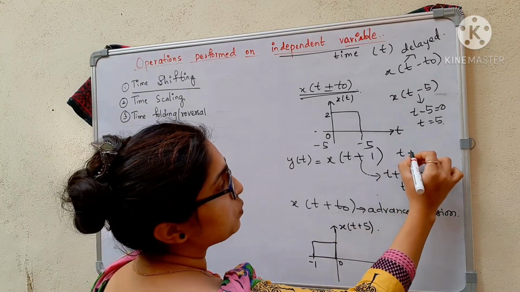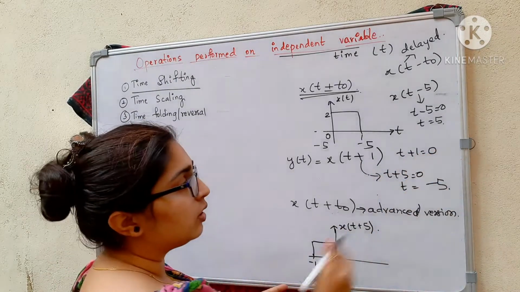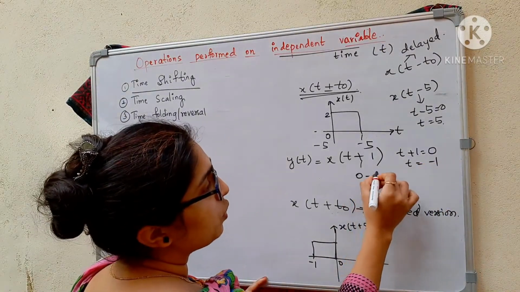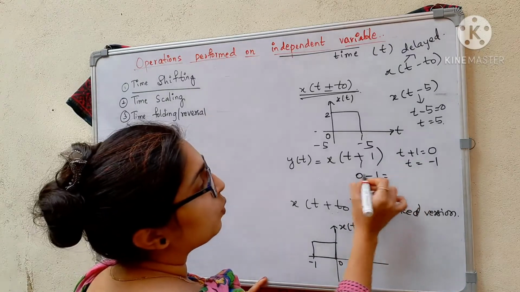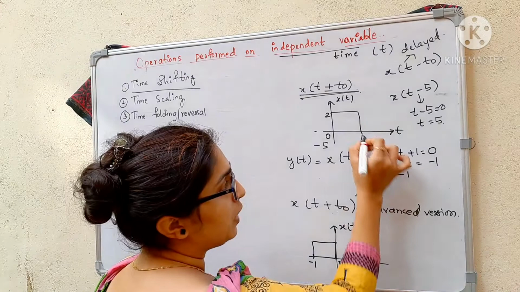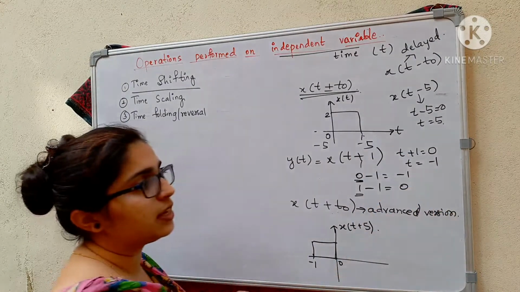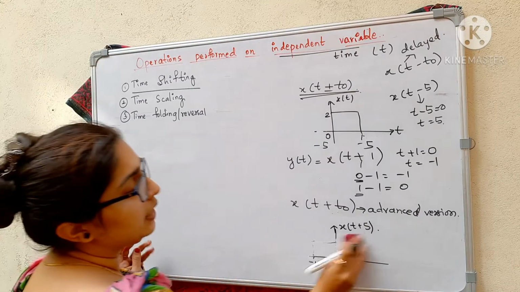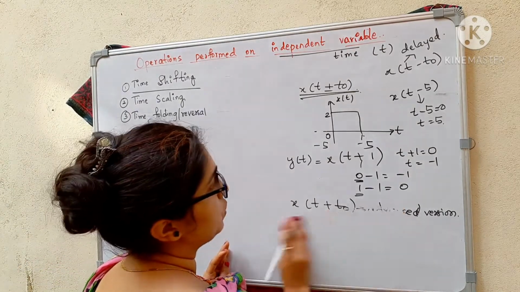Because t plus 1 equal to 0 gives t equal to minus 1, so 0 minus 1, 1 minus 1. Whatever you had at 0, you get at minus 1. Whatever you had at 1, you get at 0. So it is shifted by 1 unit towards the left, and you get the advanced version.